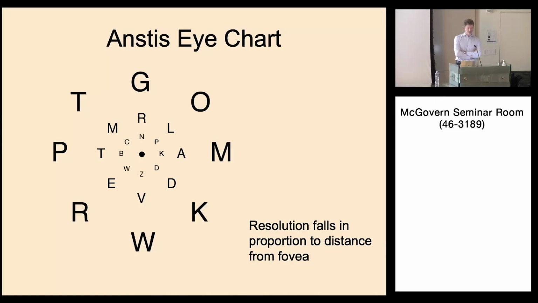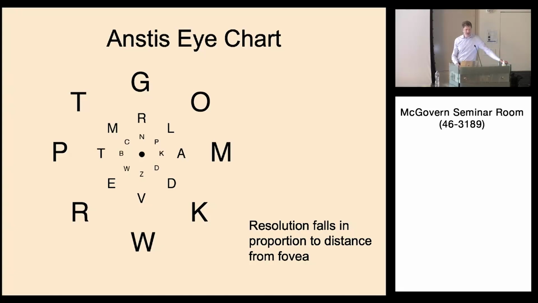The ones closer to the fovea are smaller, and the ones out in the periphery are larger. So the spatial resolution of your vision falls in proportion to the distance from your fovea. And this is some evidence that the phenomena we're seeing in receptive fields actually have consequences for what you can see.